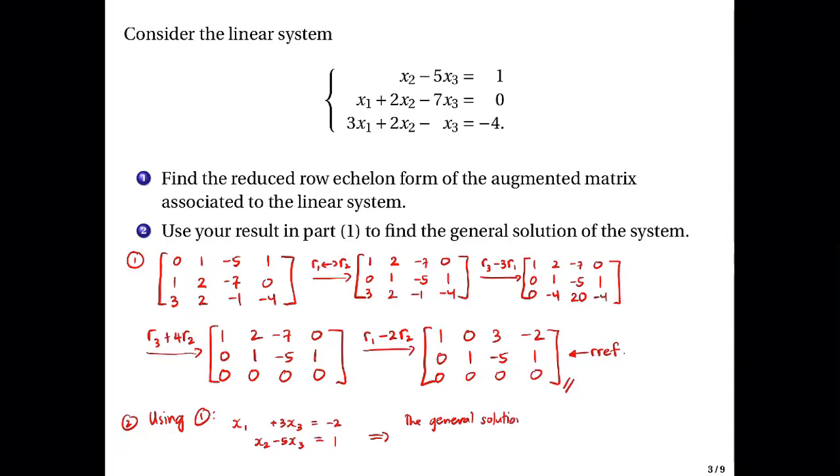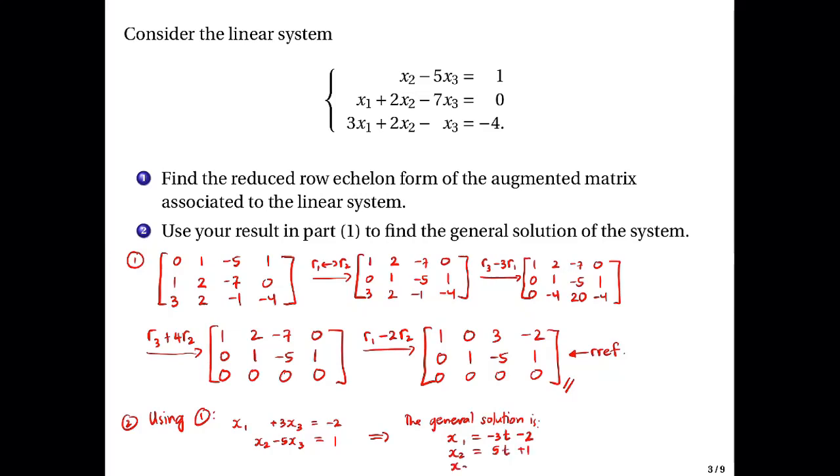is x1 equal to -3t minus 2. x2 equal to 5t plus 1.